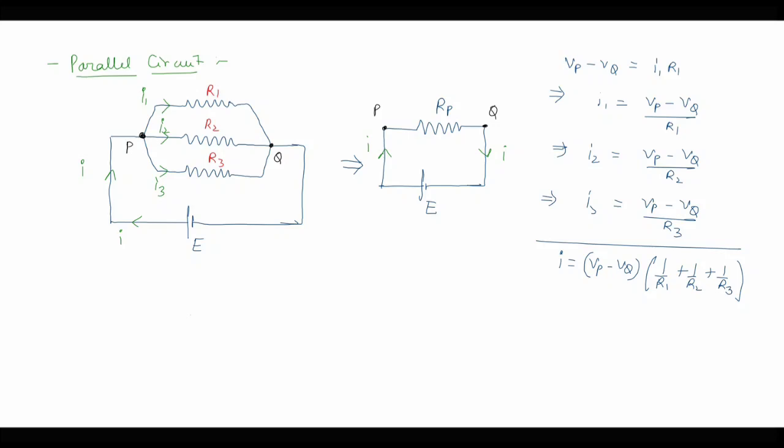From the equivalent circuit diagram, I can say that Vp minus Vq is equal to I RP, and hence the value of current I is equal to Vp minus Vq by RP. From both the equations, we can say that 1 by R parallel is equal to 1 by R1 plus 1 by R2 plus 1 by R3.